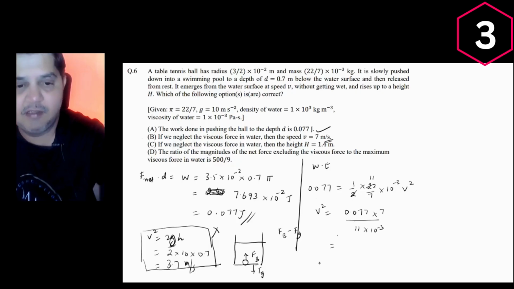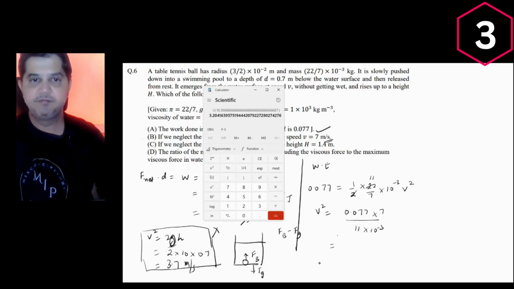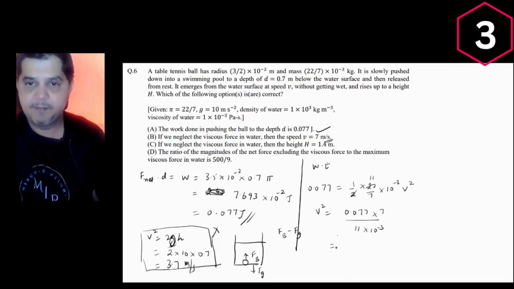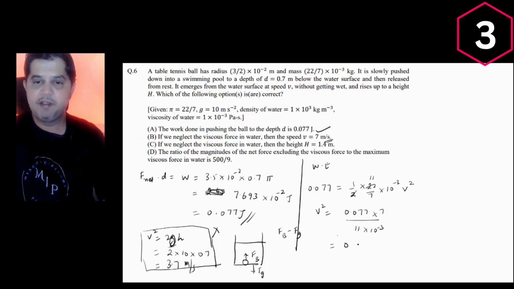Let me now calculate this value. 0.077 multiplied by 7 divided by 11 is 0.049. 0.049 multiplied by 10 to the power of minus 3 becomes 10 to the power of plus 3, which is equal to 49. So v should be equal to root of 49, which is 7 meter per second.